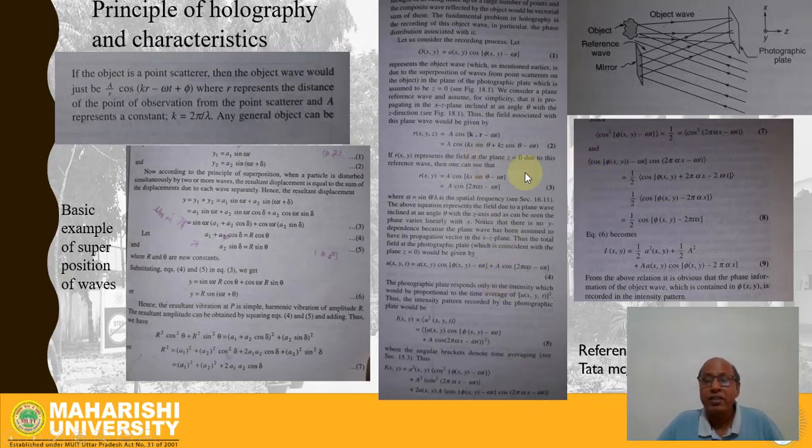Now, since we are talking about the z equal to 0 plane, we are ignoring z, and also we are taking the averaging out of the first wave and the second wave.